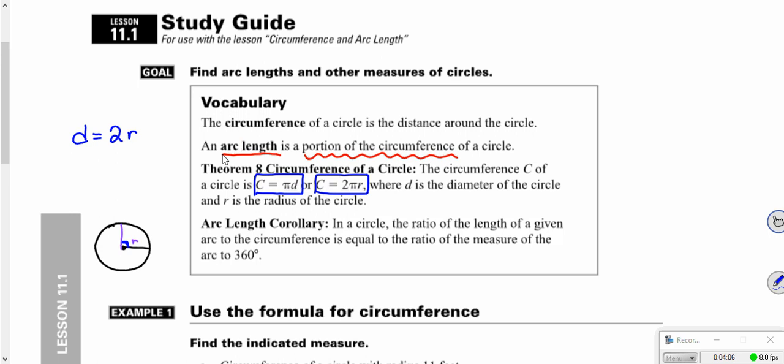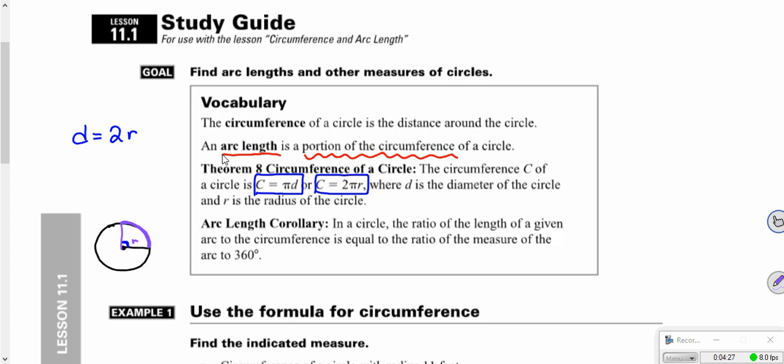So on this, if I'm trying to find this arc length, I hope you all can see the purple here, okay? If I'm trying to find the arc length of this purple, what this corollary is telling us is that essentially it's equal to the ratio of the measure of the arc to 360.